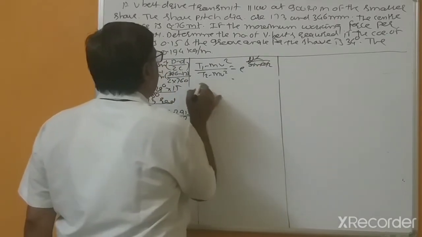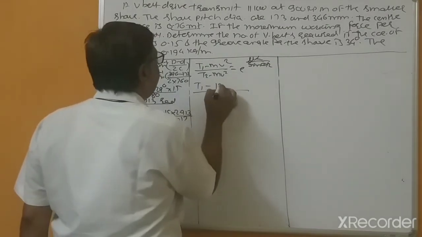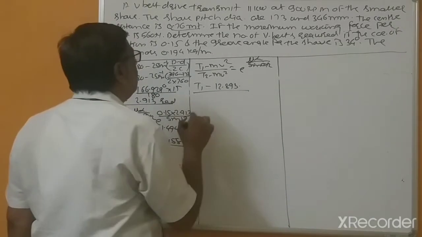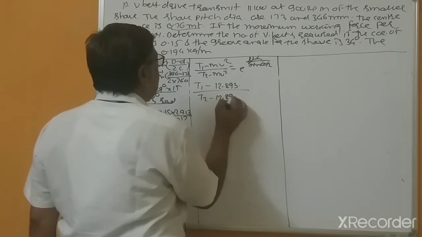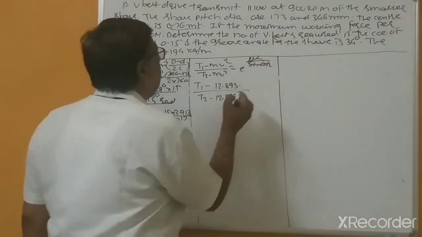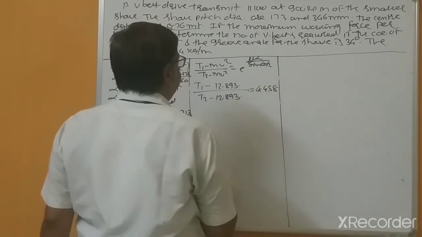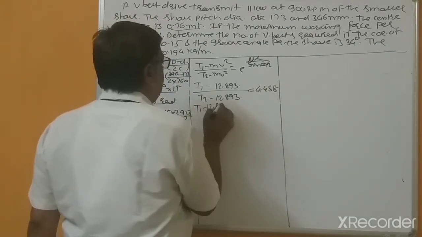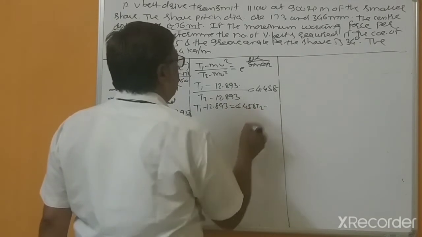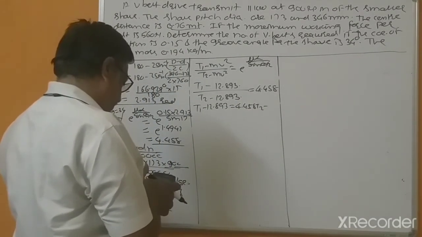So (T1 minus 12.893) divided by (T2 minus 12.893) equals 4.458.